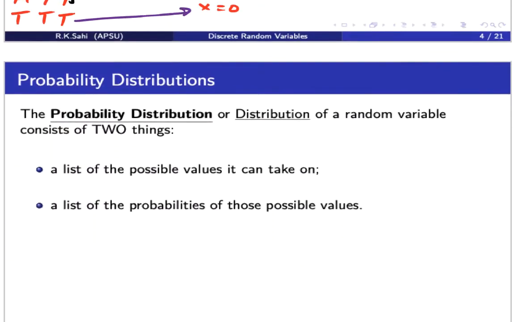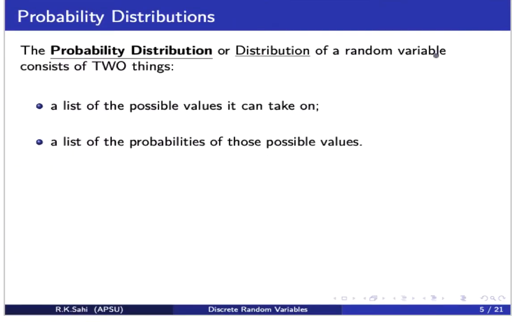I'm just going to look at the information here. So this probability distribution, or distribution of a random variable. Now, when you looked at the previous example, what did we find? That this random variable was being represented, but what are the values my x can take? All possible values my x can take are represented by this random variable.